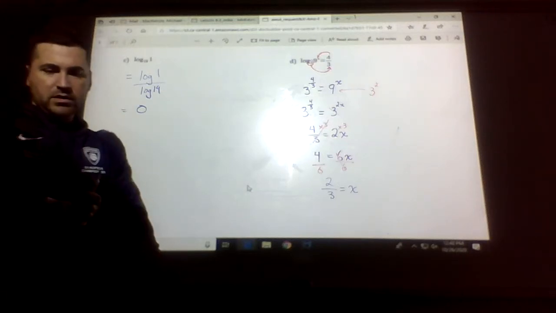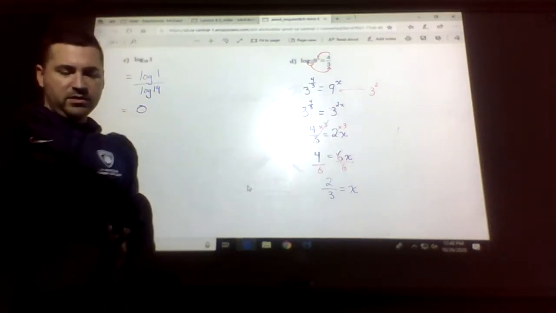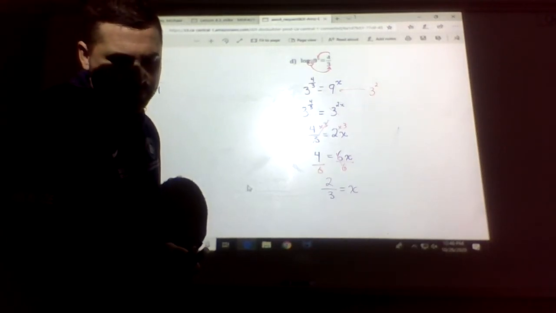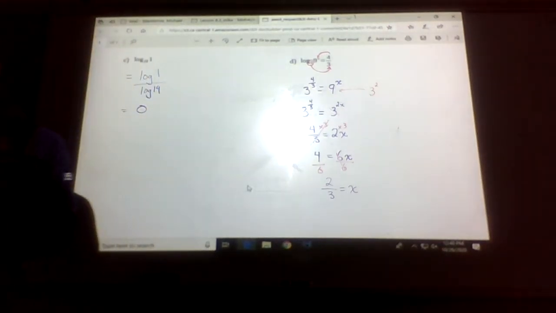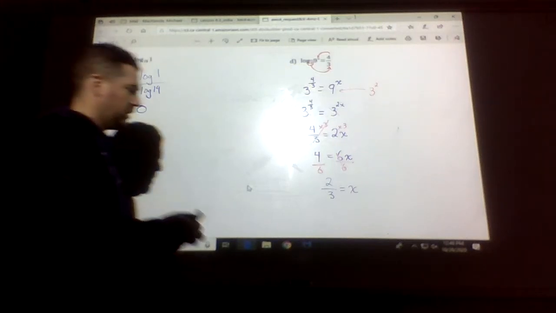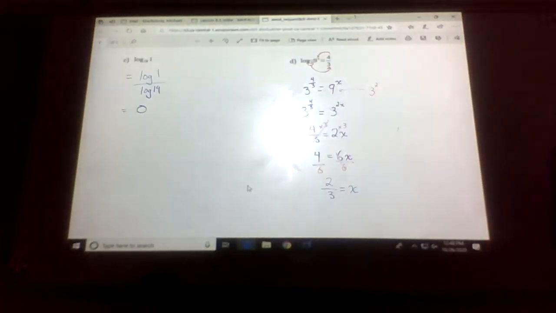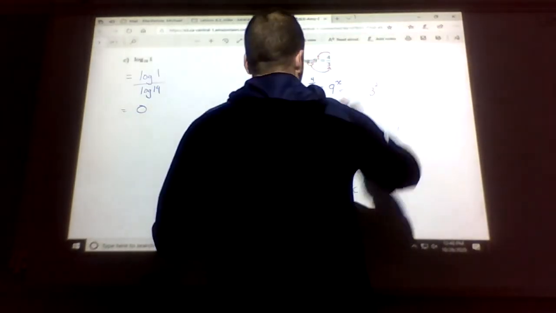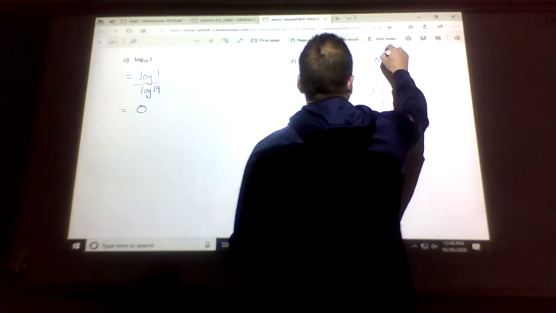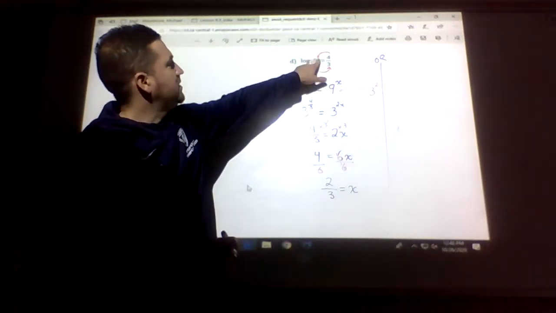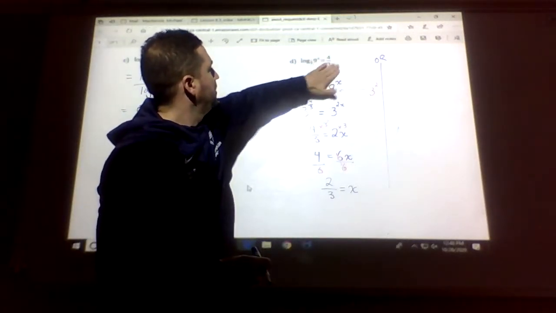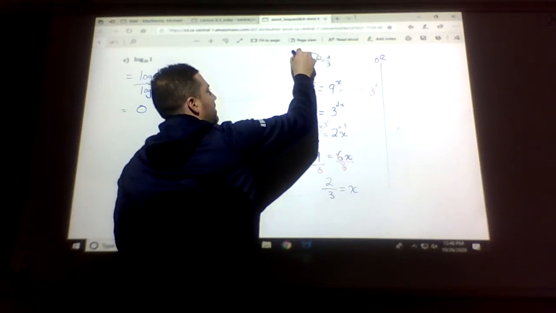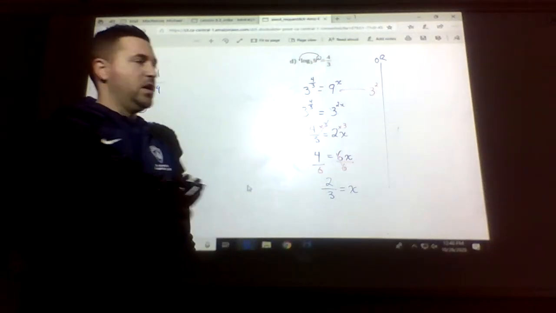Okay, I'm going to show you one more method. Okay, one more method here. What logs allow us to do is bring the exponent to the front. So we could take this x and bring it to the front of the log.